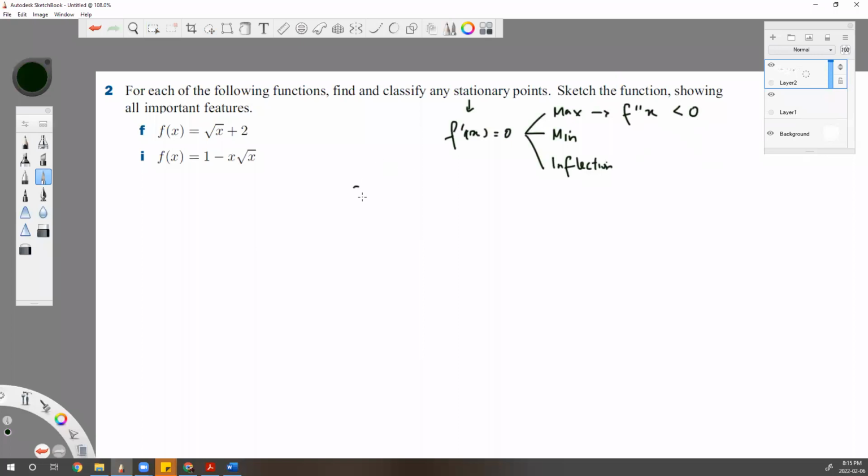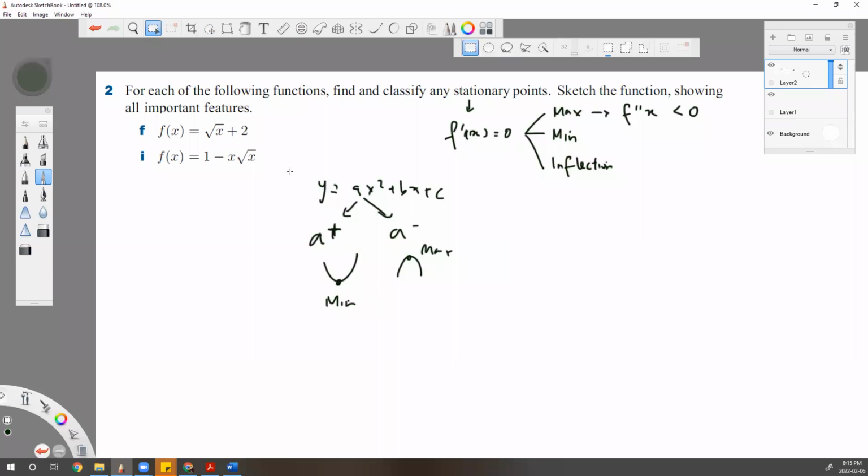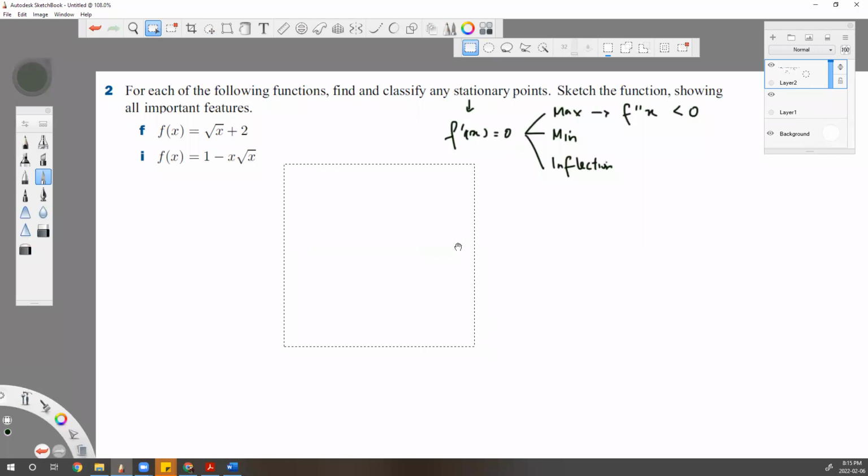So remember, if I have y equals ax squared plus bx plus c, where a is positive, it is smiling, it is minimum. When a is negative, it is frowning, and it is maximum. So what you have to memorize is only that.